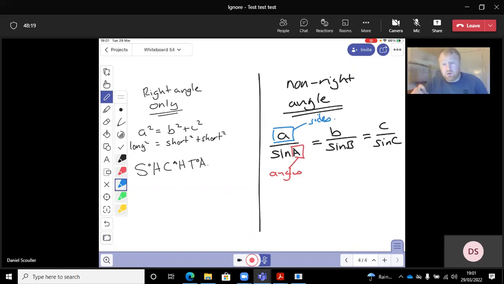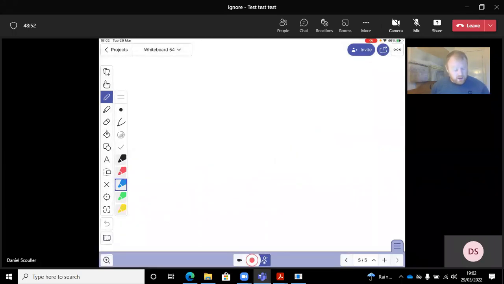That's the term I used, matching pairs, and we'll go through what that means. So you're either using that or the cosine rules that you're given in the exam paper. Your non-right angle rules you're given at the front page, in the formula list. So your cosine rule and your sine rule only apply to non-right angle. Okay, so now I've made that clear. Don't do it again.